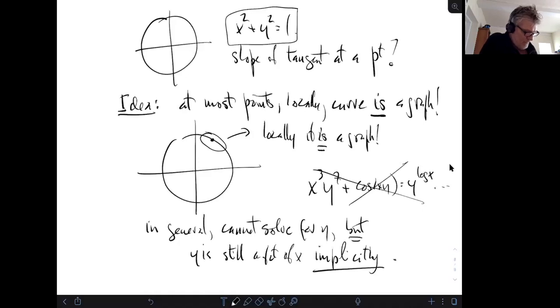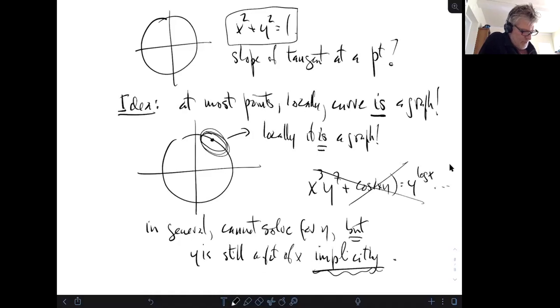You don't have an expression explicitly of y as a function of x. You can't solve for it, but you can still treat y as a function of x. You can see here, if you look at close to this point, it's the graph of a function. I don't know what it is, but it doesn't matter, okay? So this is, if you remember implicit differentiation, that was the idea.